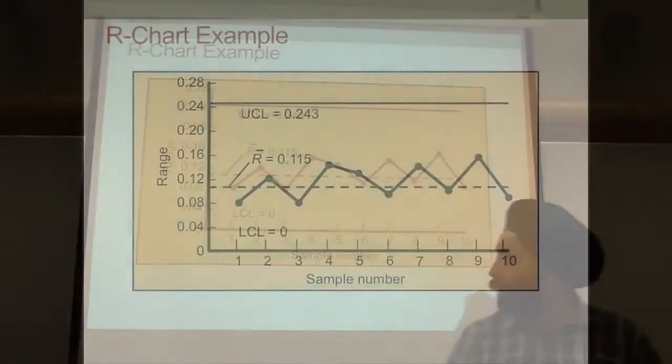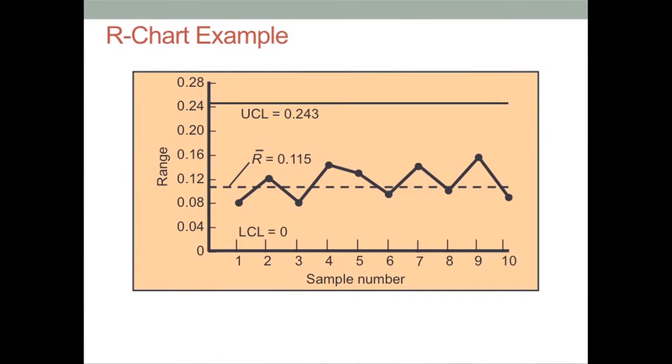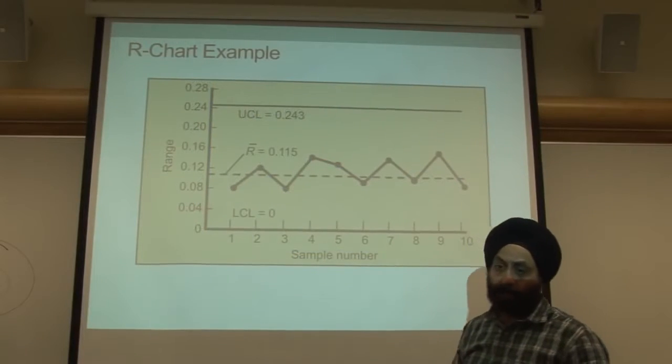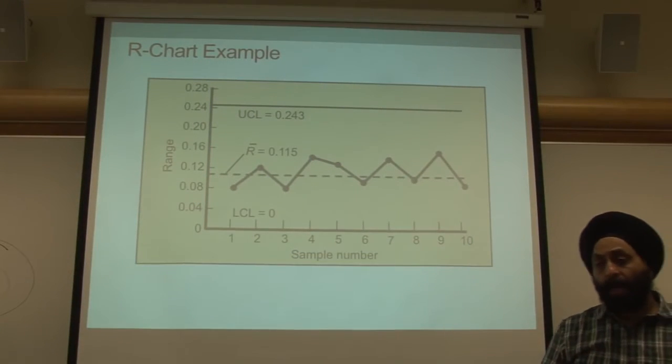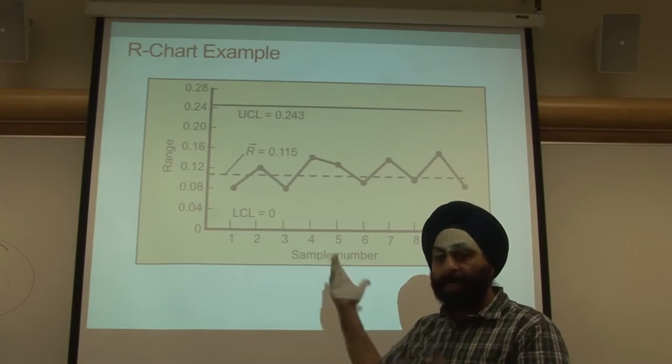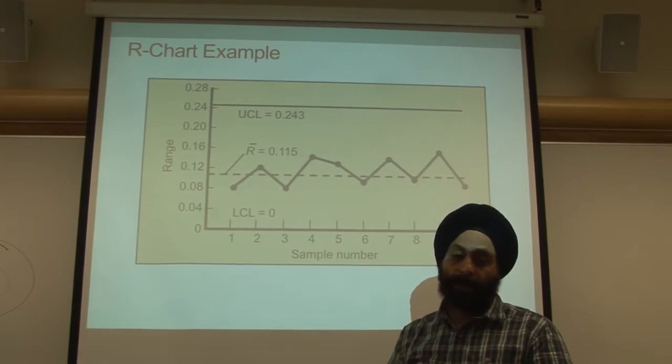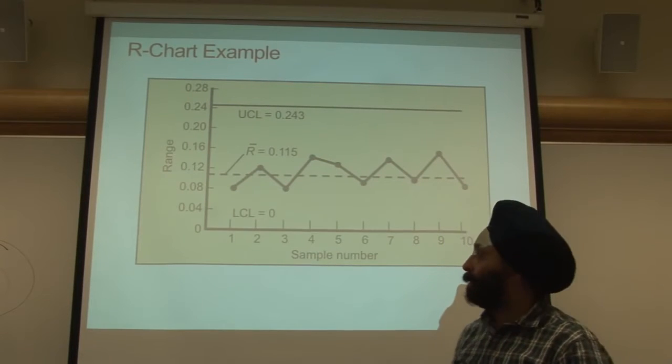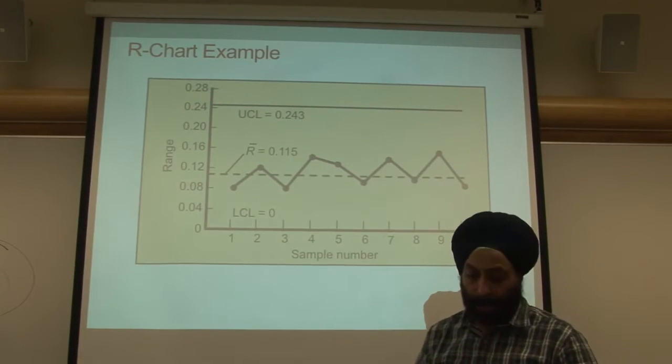Given that, you can easily calculate the R chart. You can see this variability is within statistical control. So the R chart exhibits that from the variability point of view, the data is in control, but the averages don't seem to be in control. That definitely has to be remedied in this case.